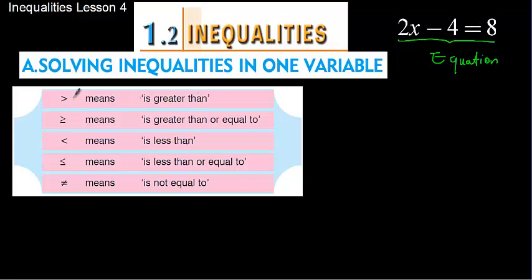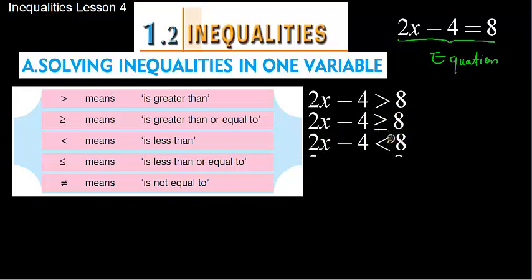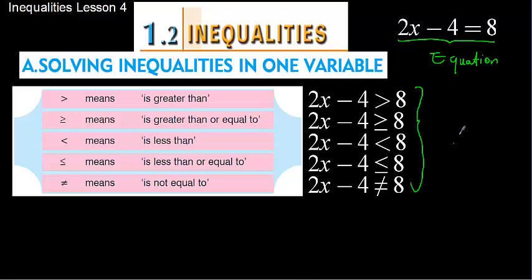If you use one of the other signs, if you say 2x minus 4 is greater than 8, or 2x minus 4 is greater or equal to 8, or 2x minus 4 is less than 8, or 2x minus 4 is less or equal to 8, and the last one, 2x minus 4 is not equal to 8, you are writing an inequality. So when you use these notations in your algebraic expression, the expression becomes an inequality.